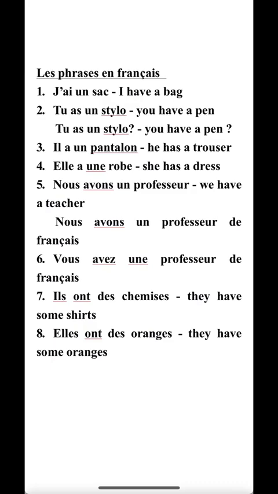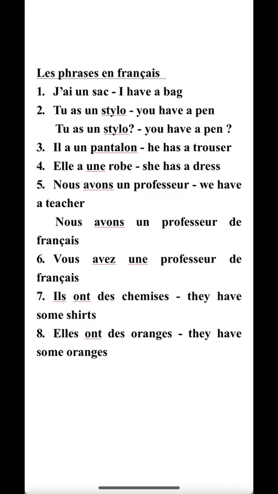That's you have a French teacher. And number 7 says, ils ont des chemises. Ils ont des chemises. That's they have some shirts. And number 8 says, elles ont des oranges. Elles ont des oranges. They have some oranges.